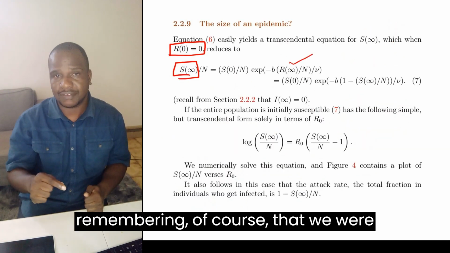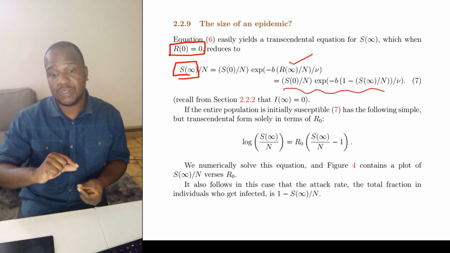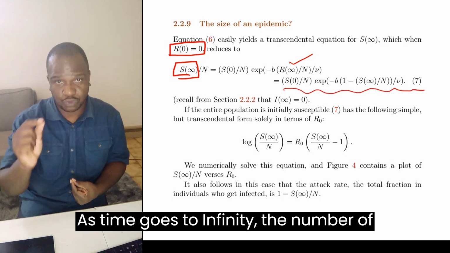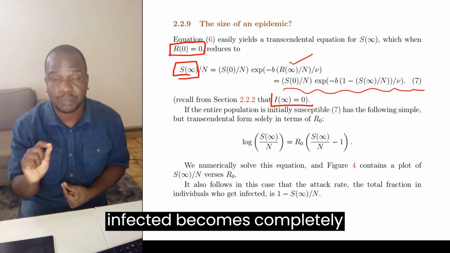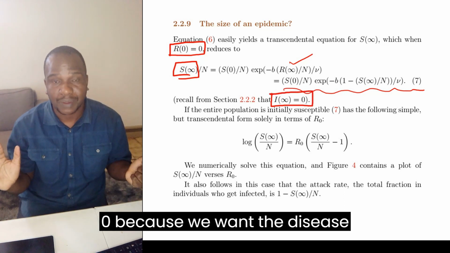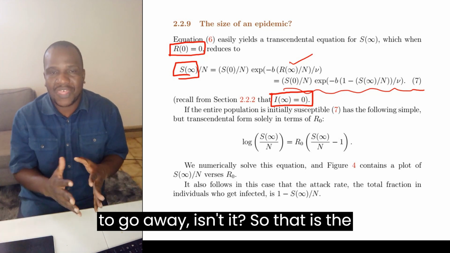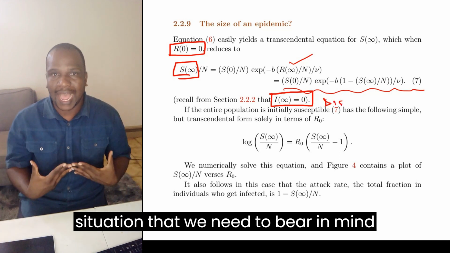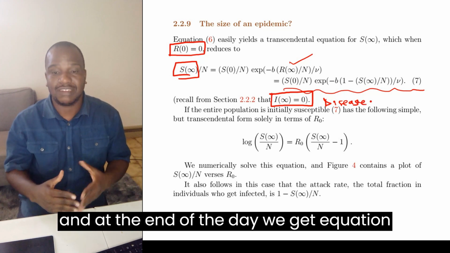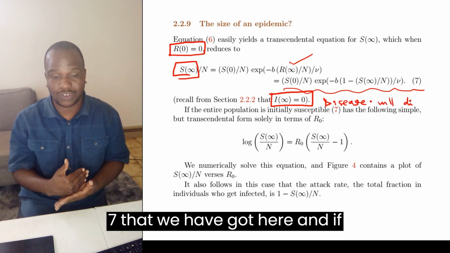Remembering, of course, that as time goes to infinity, the number of infected becomes completely 0, because we want the disease to go away, isn't it? So that is the situation that we need to bear in mind, and at the end of the day, we get equation 7 that we have got here.